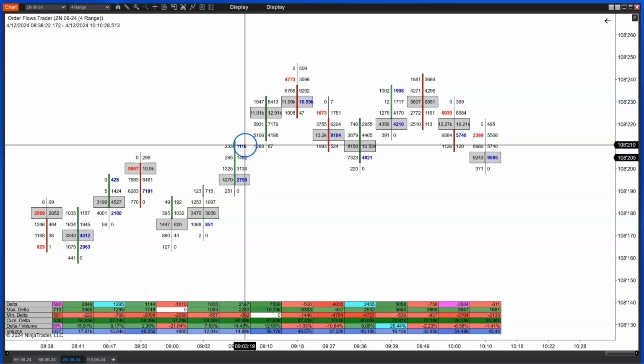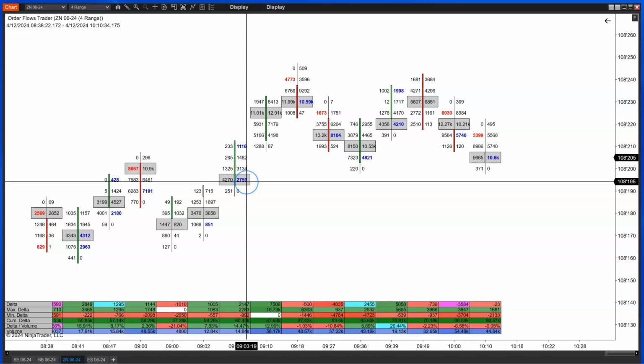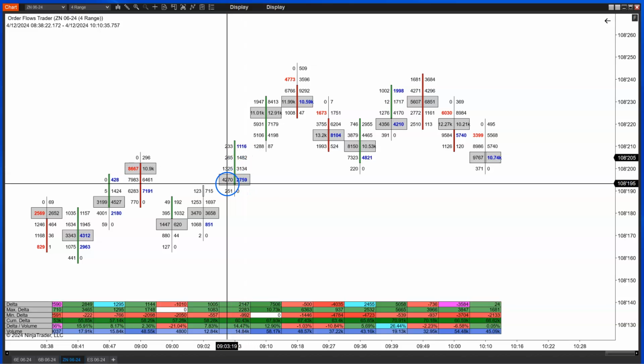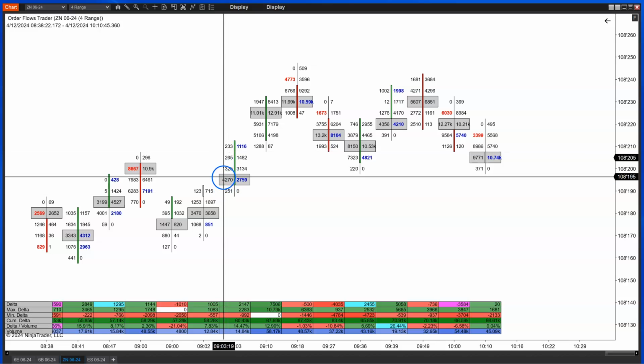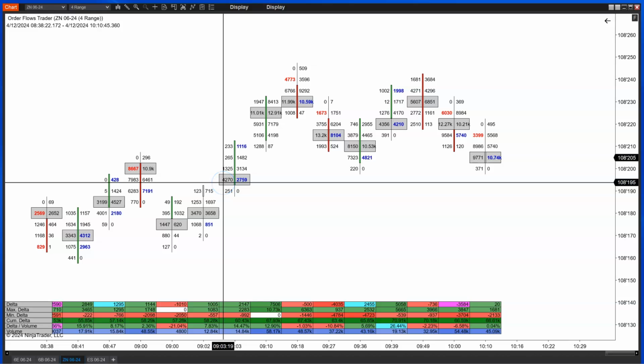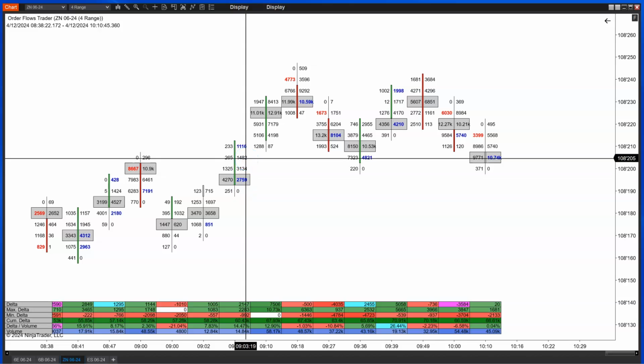You've got a couple of buying imbalances here, 1,116 and 2,759, but you also see strong passive buying here, people that are absorbing whatever selling is taking place, 4,270. It's actually your heaviest volume in the bar on the bid side. So you have some absorption taking place, and you have aggressive trading taking place.